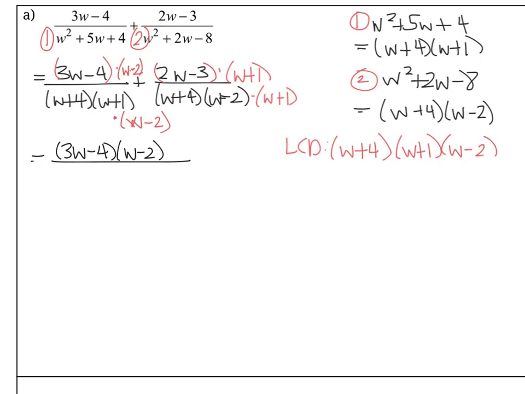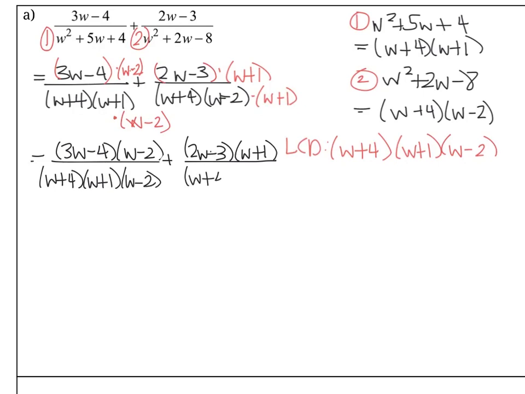And then I've got, let's make that shorter, then I've got plus 2w minus 3 times w plus 1 all over these 3 factors, w plus 4, w plus 1, w minus 2, and then the same in the next expression. Okay, so both of the denominators match, so we can rewrite them.